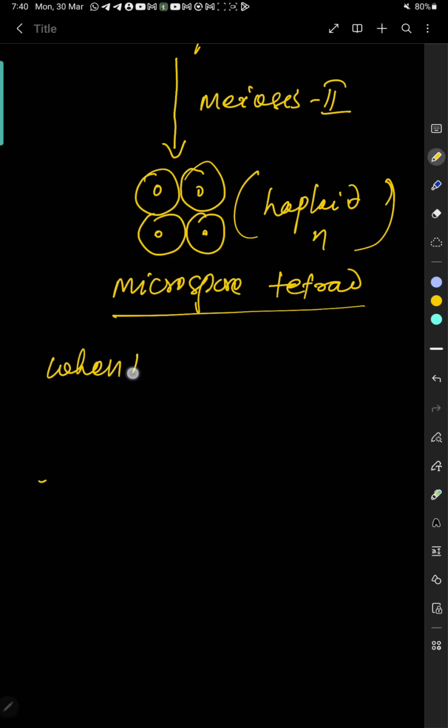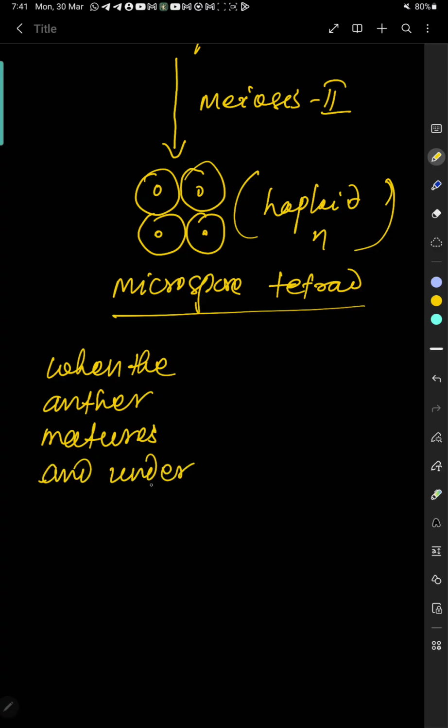Now when the anther matures, after maturity of the anther, it undergoes dehydration.